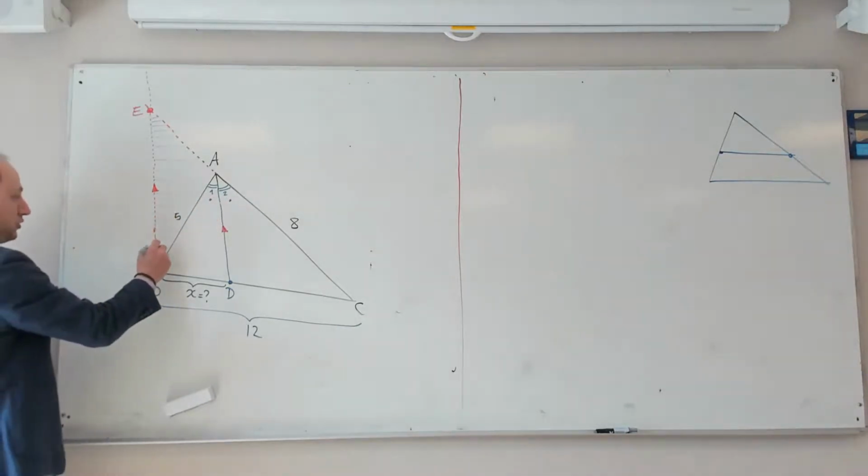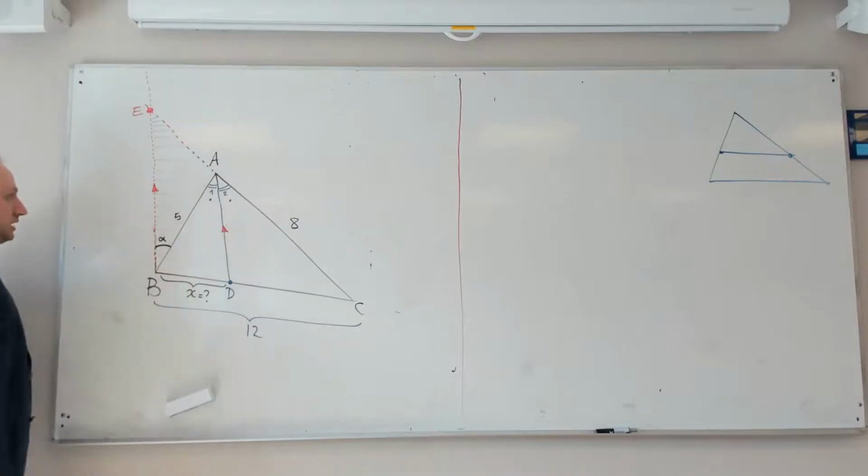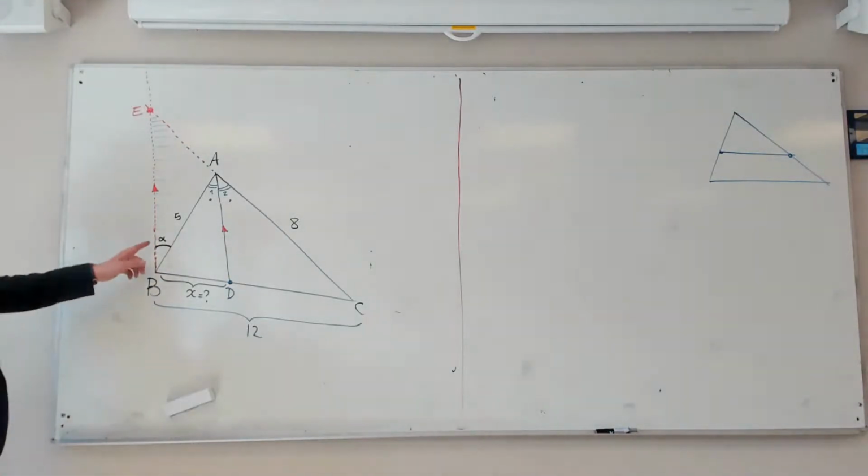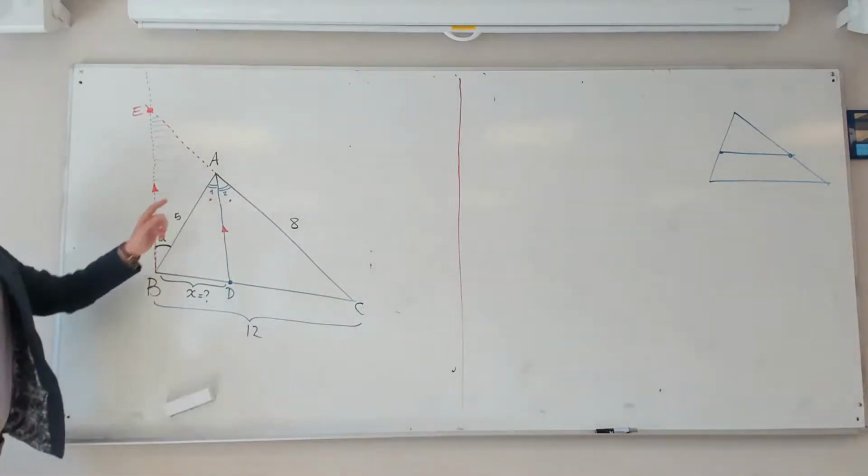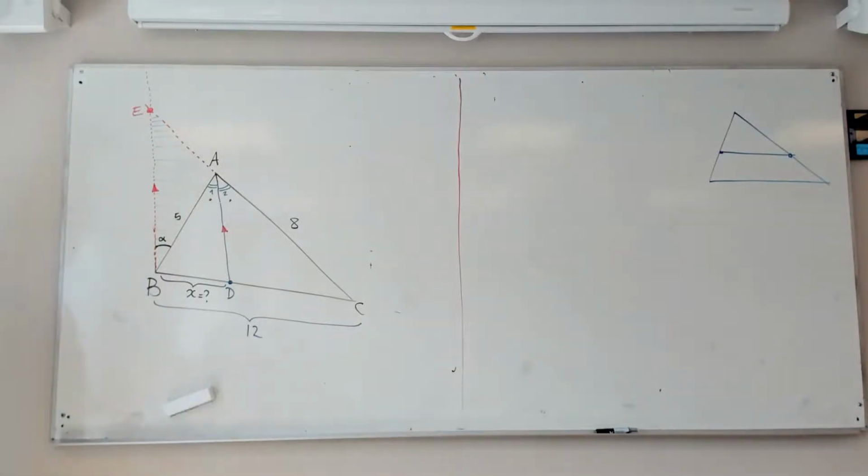My claim for you is this angle. Let me call it alpha. Can you tell me why alpha and A1 are exactly equal? Parallel and transverse.